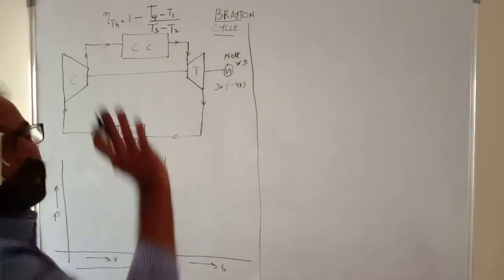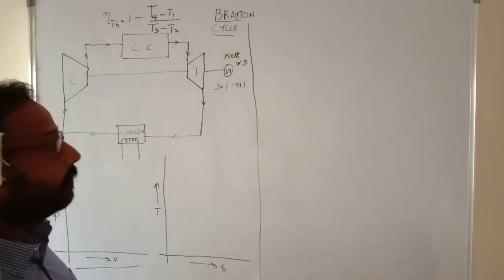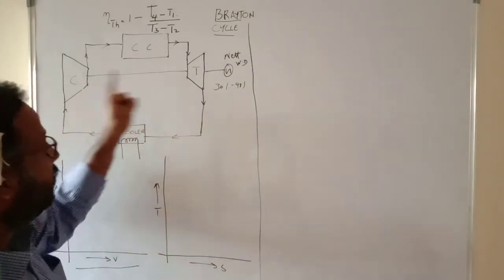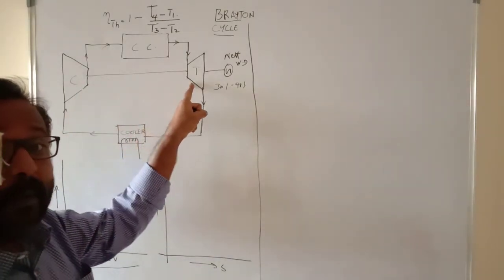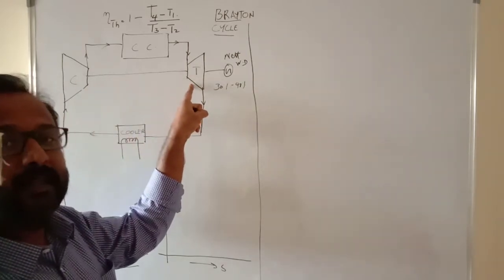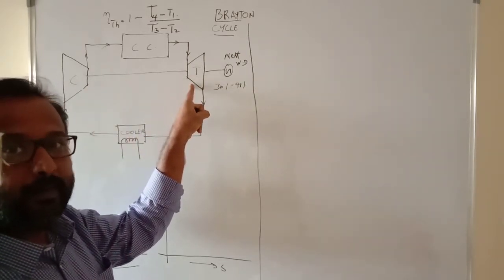Remember, both of them are rotary equipment, and the compressor is a power absorbing device, whereas a turbine is a power generating device. Like the compressor, even the turbine has a set of fixed and rotary blades.